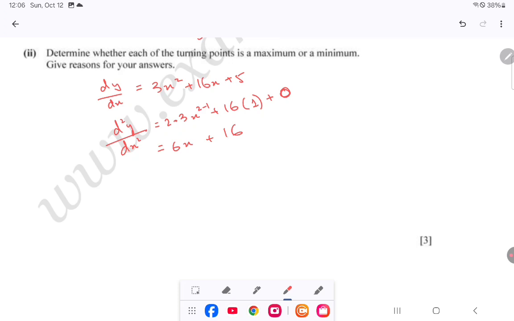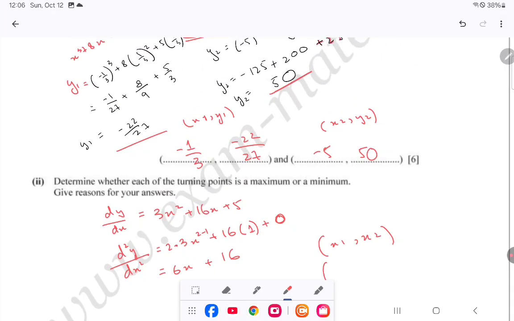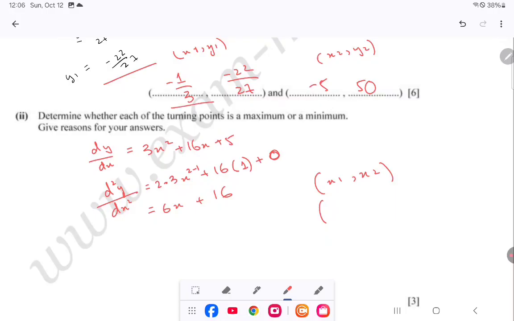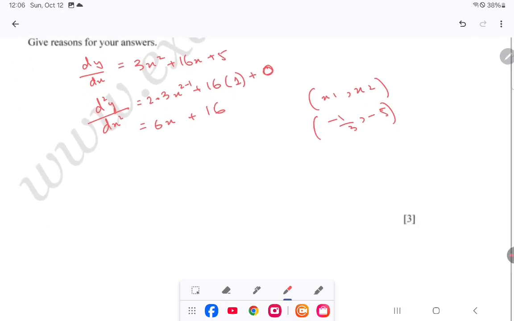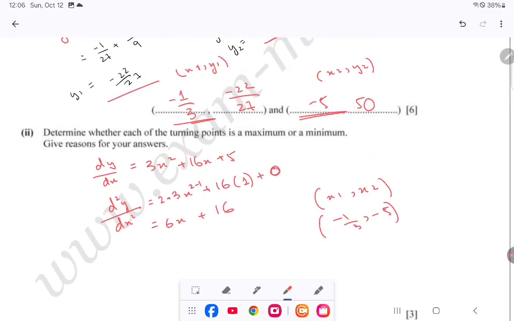Now we have the values of x, the x1 and the x2, which is right here. X1 is this, negative of 1 over 3. X2 is this, negative of 5. First we put negative of 1 over 3, then we put negative of 5.